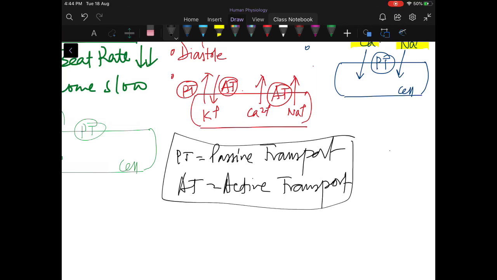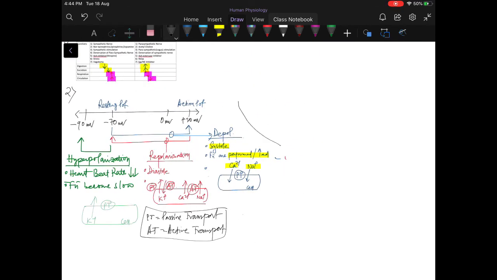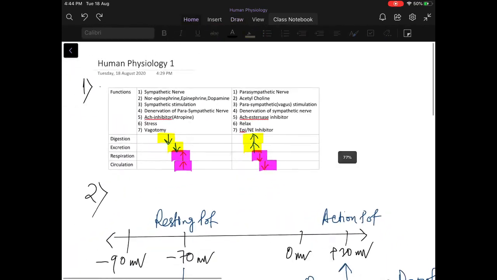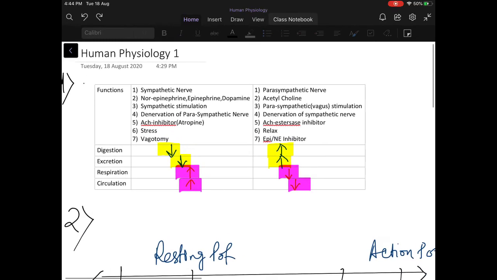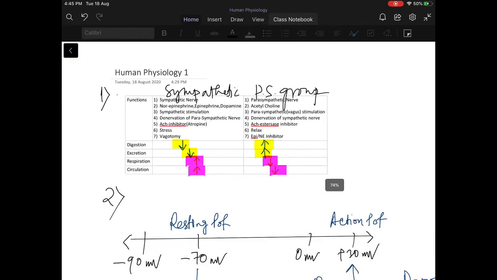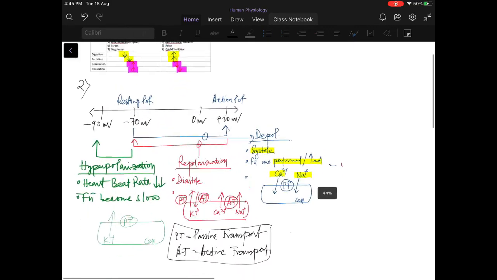So today we are covering only two small topics. One is this table, a very important table, with the sympathetic group and the parasympathetic group. Just for a bit of revision, I am showing all the things together.